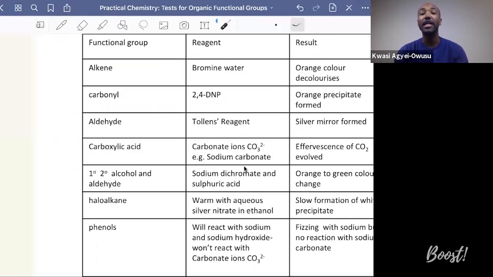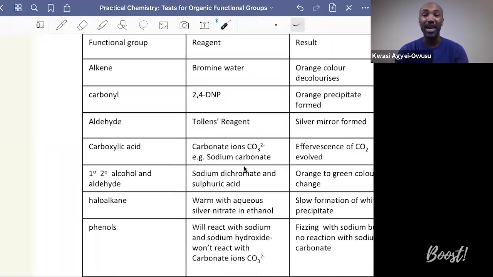And then finally, phenols are another functional group that you're required to look at A-level. The phenolic group is acidic, but only very weakly acidic, weaker than the carboxylic acids. And so you can react phenols with metals or say sodium hydroxide, and they will behave in much the same way as other acids in that you would form the sodium salt in both cases.